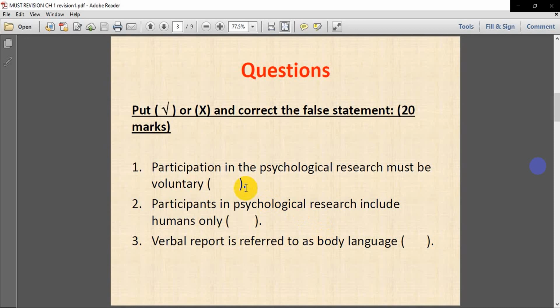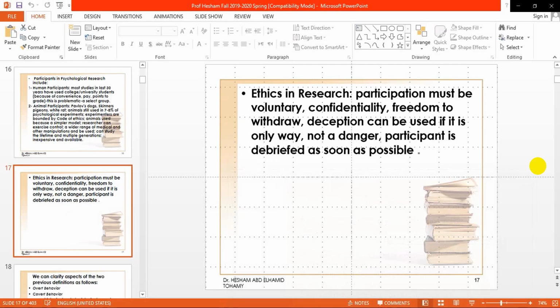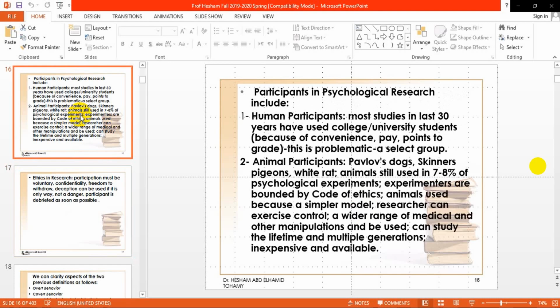Question number two: participants in psychological research include humans only. I will check our slides. We classified participants in psychological research into two types: number one, human participants; number two, animal participants.